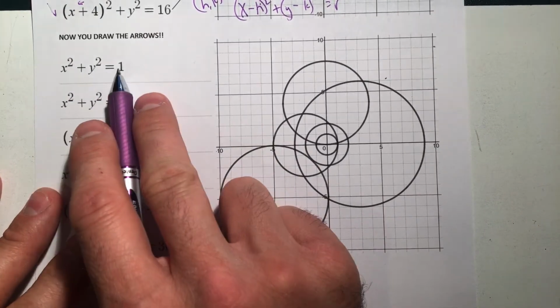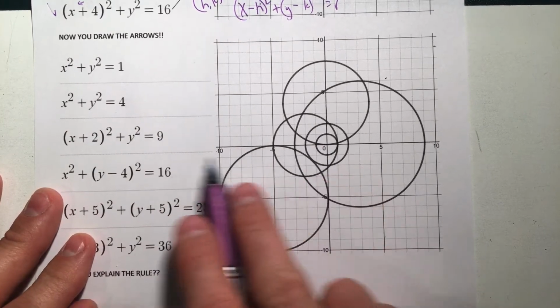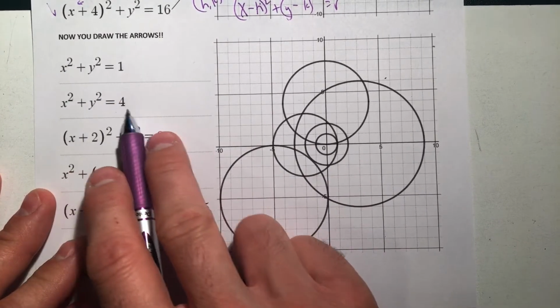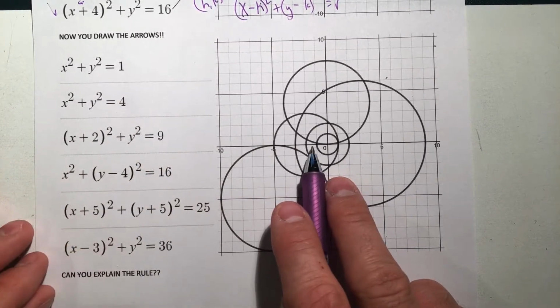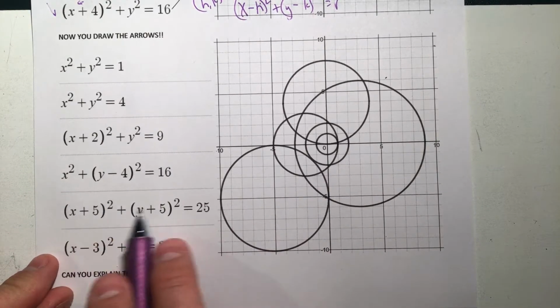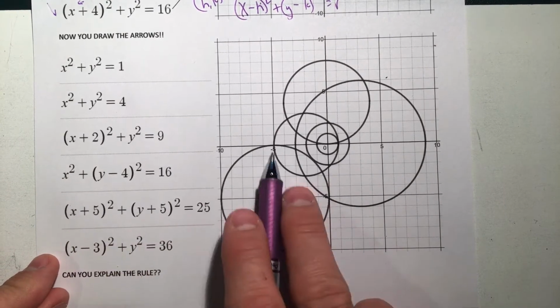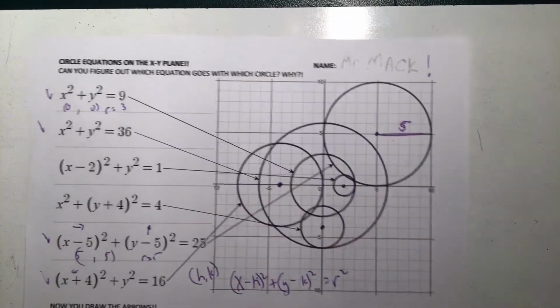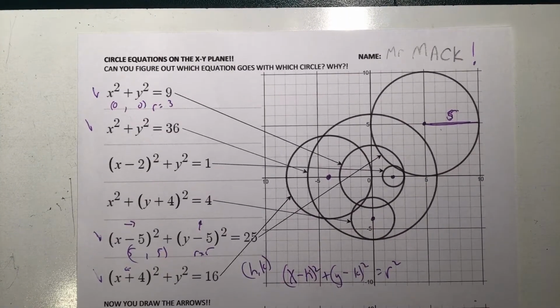Let's not move anywhere, radius of 1. Let's not move anywhere, radius of 2. If I pick just a random one, left 5, down 5, radius 5, there's that. So the rule is simple, and it's a very, very important picture.